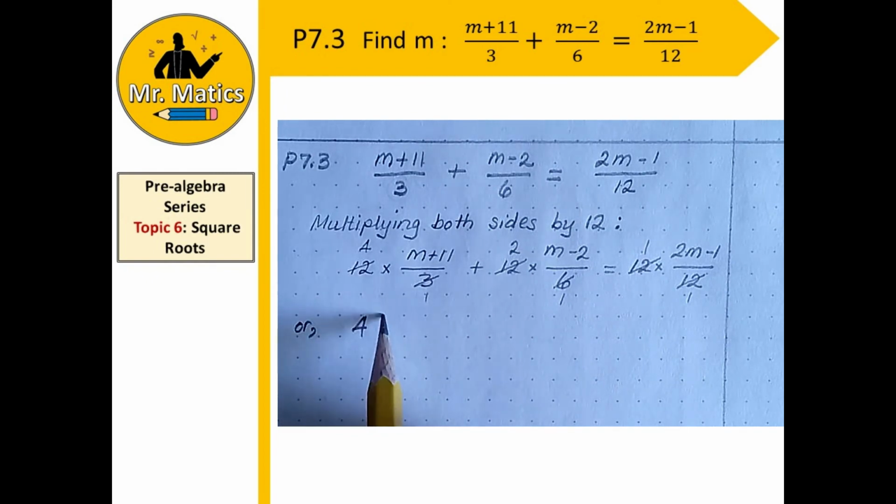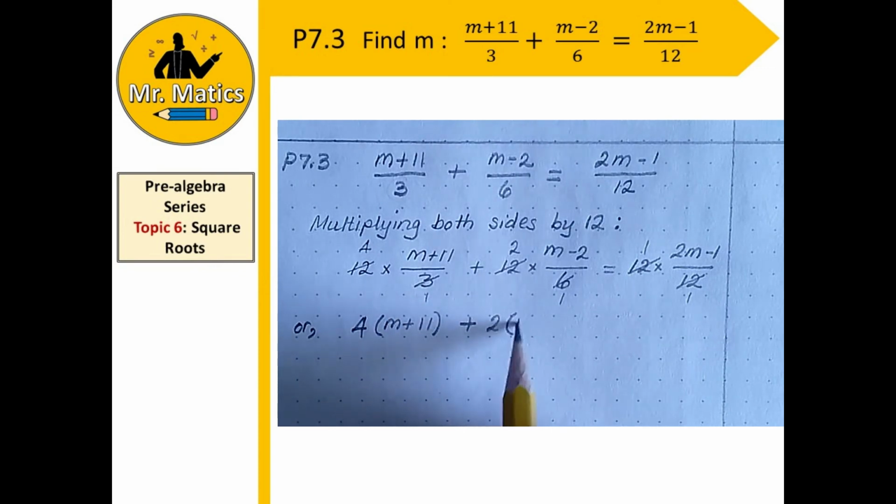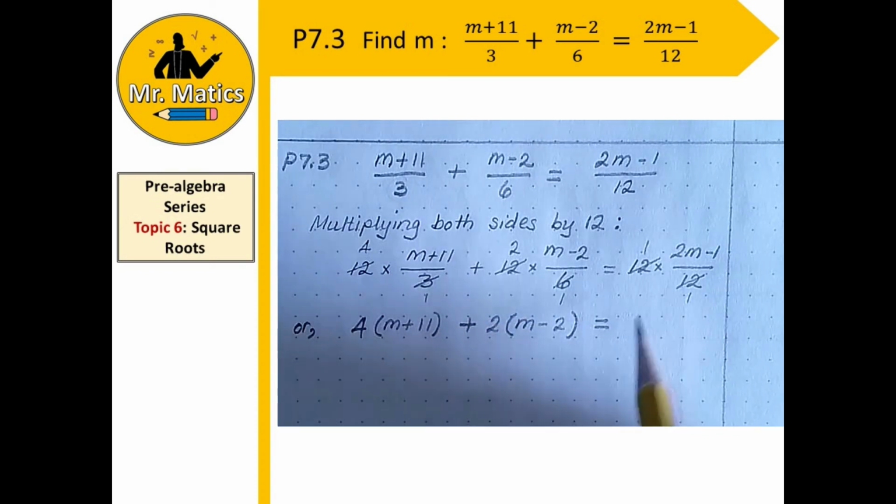So we get 4 times m plus 11, plus 2 times m minus 2, equals 2m minus 1.